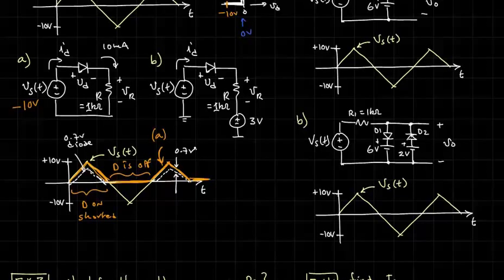In other words, to turn the diode on, you have to get 0.7 volts across it. So if Vs is 0.6, it's not enough to turn the diode on. But once you get to 0.7, it turns on. So there'd be a shift.